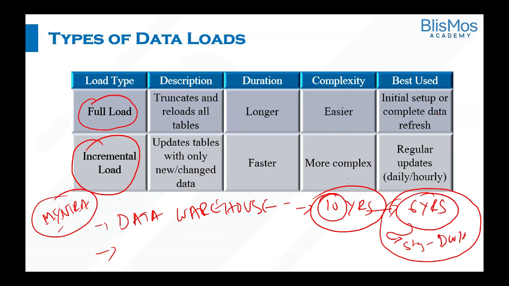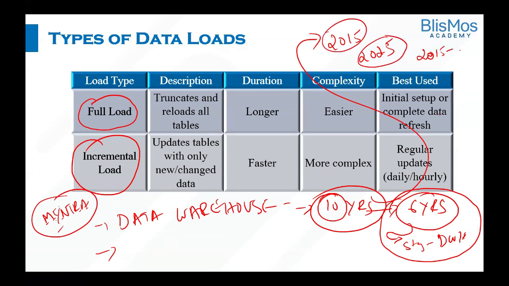When I say 10 years, all of you please pay attention here. 10 years means they are in operation from 2015 to 2025. They decided to create a data warehouse using 2019 September to 2025 September data.